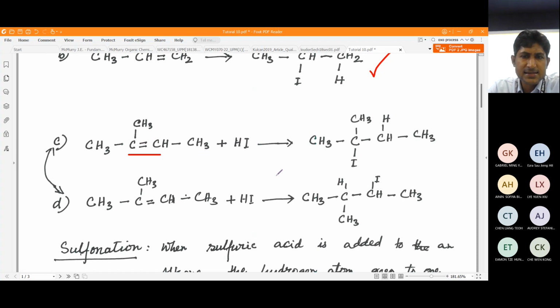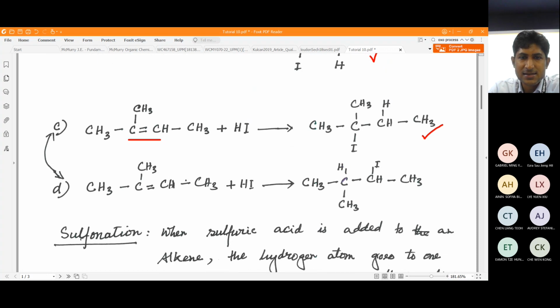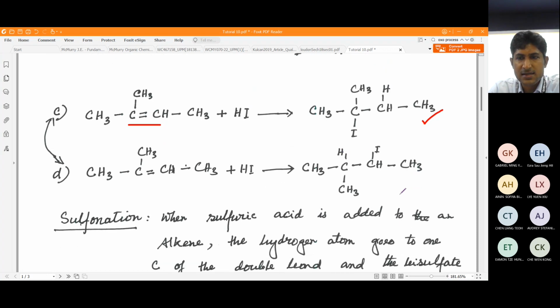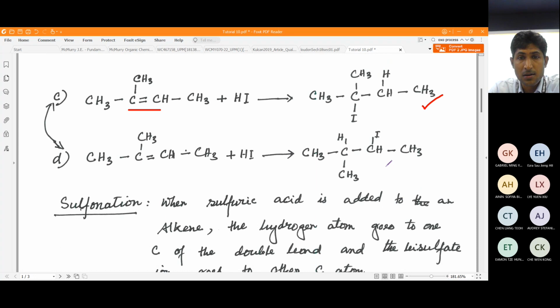So again, the similar thing, both reactions are possible, but mostly the Markovnikov rule will prevail, and then this type of reaction will occur. That is here, this type of reaction. This is a very small minor percentage of the compound that will be produced. If it is 95%, it will be just 5% of this.